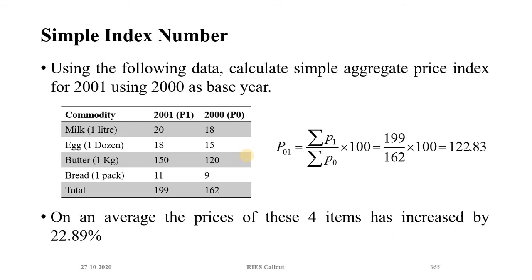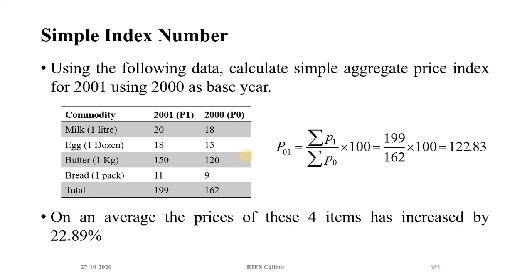The two periods are 2001 and 2000. Here 2001 will be the current period and 2000 will be the base period. So we have to compare the price changes between 2000 and 2001.